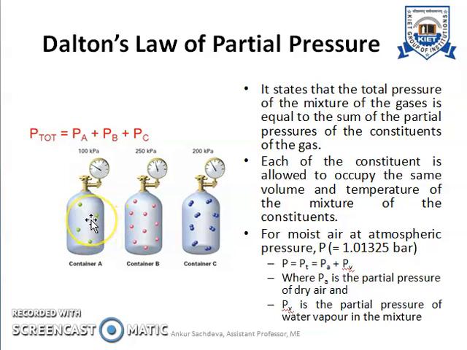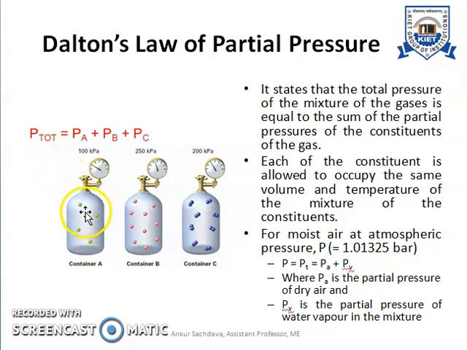So Dalton's law states that the total pressure of the mixture of these three gases is equal to the individual pressure exerted by gas A plus gas B plus gas C, if all three gases are allowed to occupy the same volume and temperature as that of the mixture.